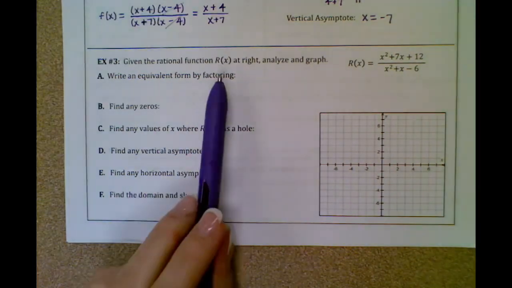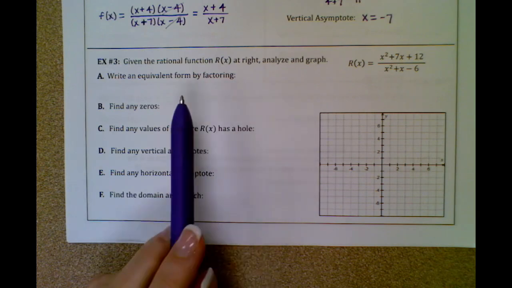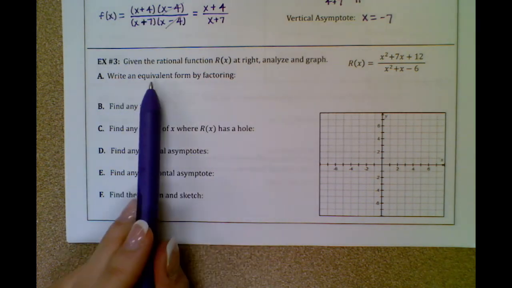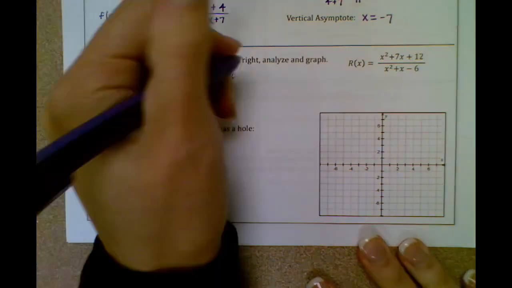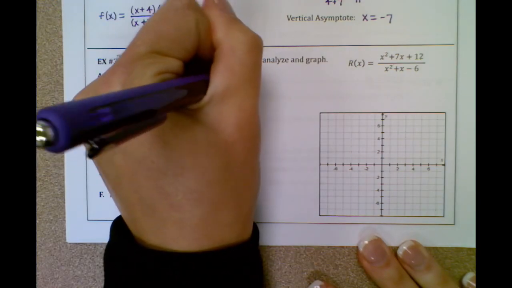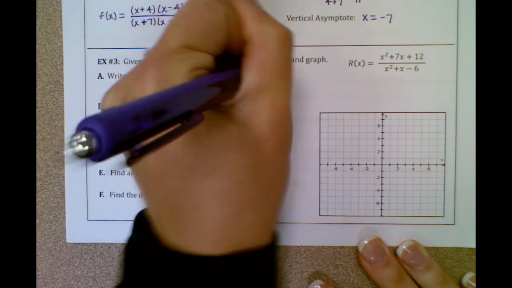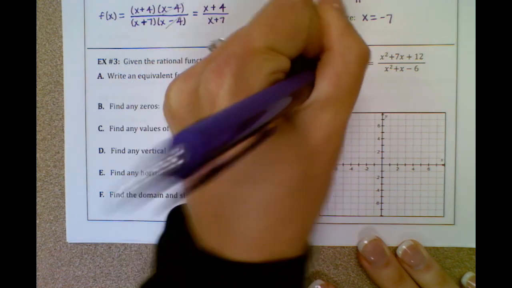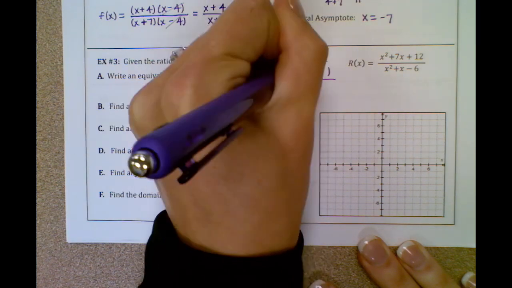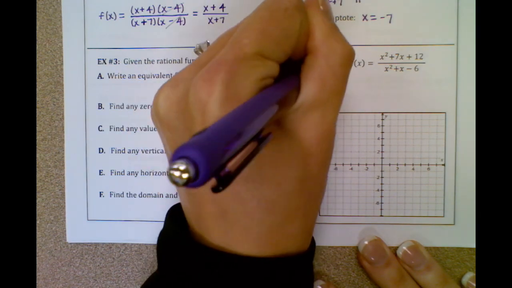Given the rational function r of x at the right, analyze and graph. So first it wants us to write an equivalent form by factoring. So let's factor that out. So r of x equals, let's see, that will be x and x, 4 and 3, both positive.